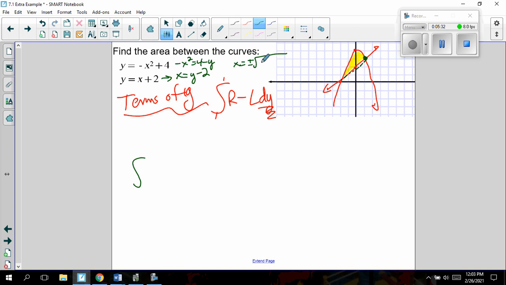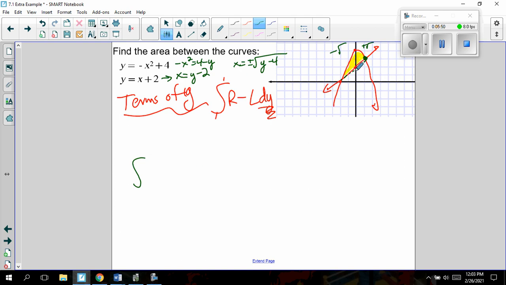So dividing by negative would switch your sign on both of those, so plus or minus square root of y minus 4. And just a reminder, the positive square root is the right side of the parabola, and then your negative square root is the left side that you get there.